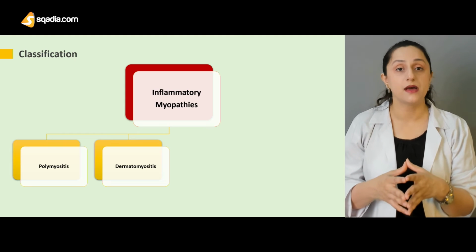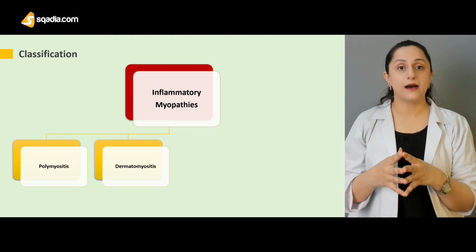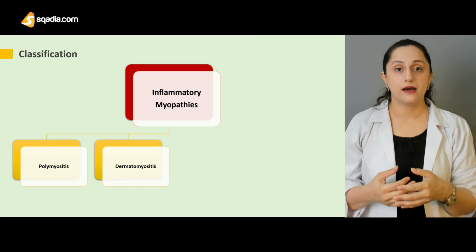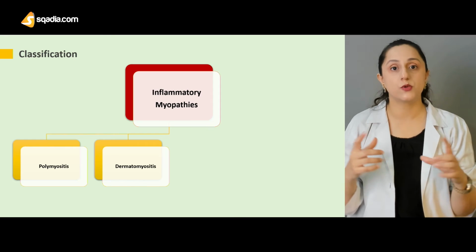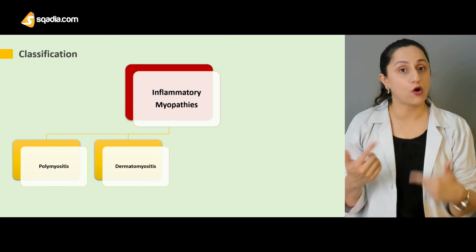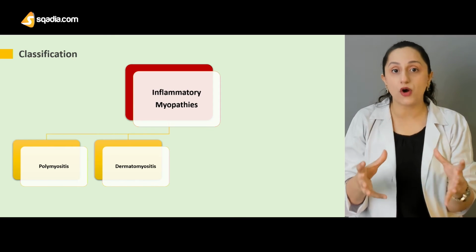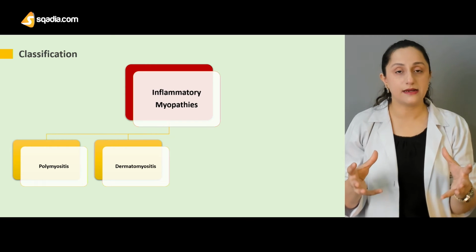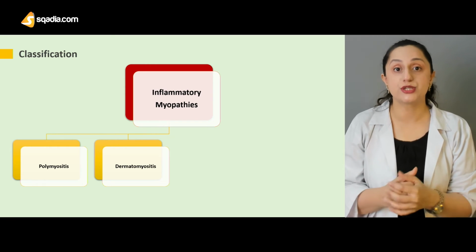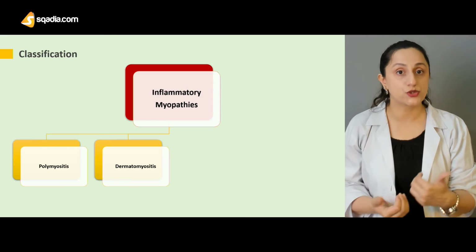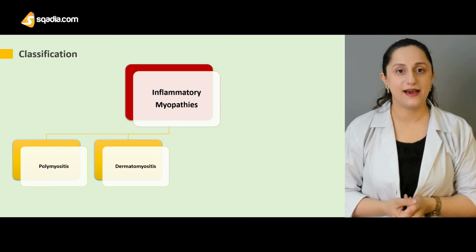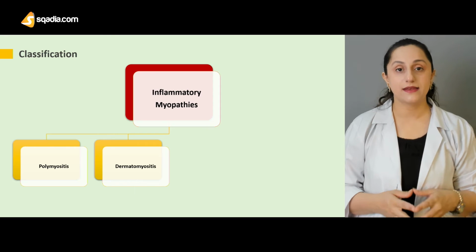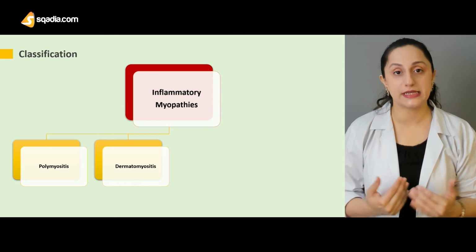For instance, we have the heliotropic rash that is usually associated with the periorbital area, the soft tissues of the periorbital region. For instance, we also have a V rash, which is also known as the Shawl rash, and it is affecting the anterior region of the neck.